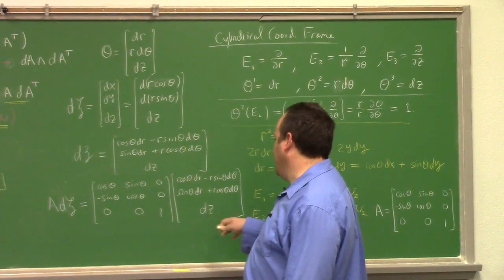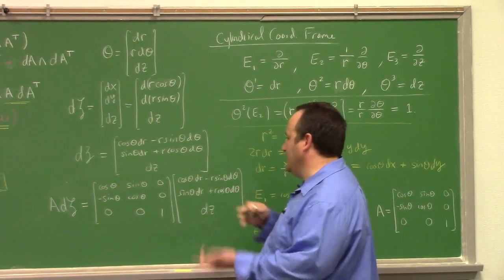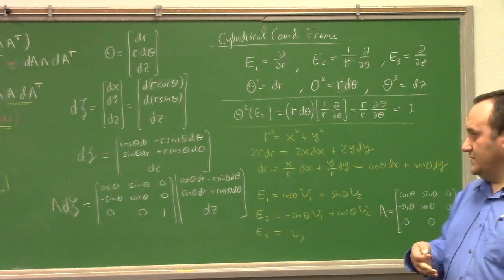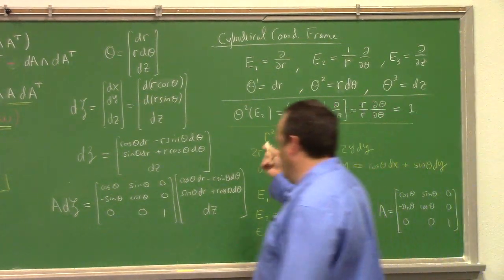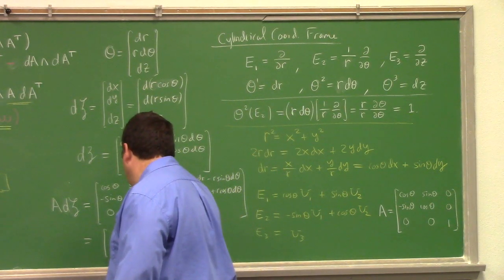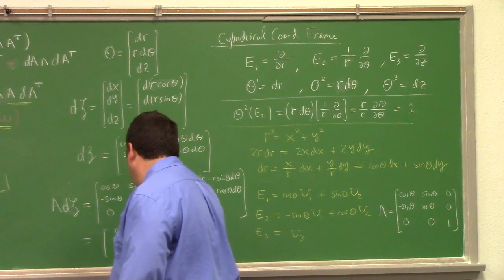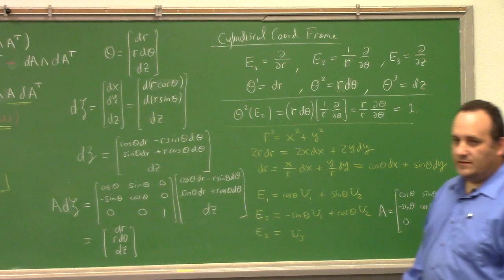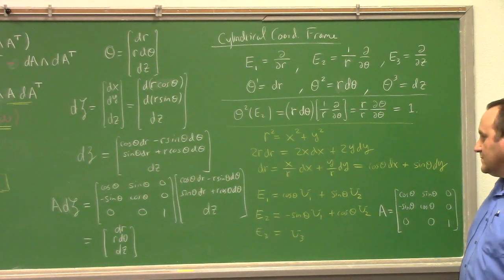Well, I can't do math. I think the d theta terms cancel out. I end up with sine squared plus cosine squared times r on the dr term, right? If you work it out, I'm pretty sure you get dr, r d theta. And the dz is easier to see, but you can check it. It's things canceling and cosine squared plus sine squared being 1.